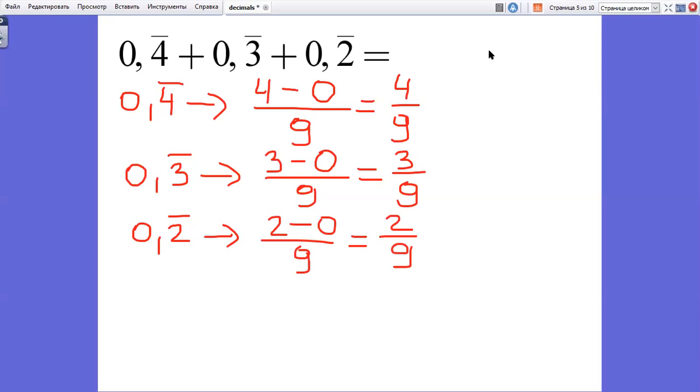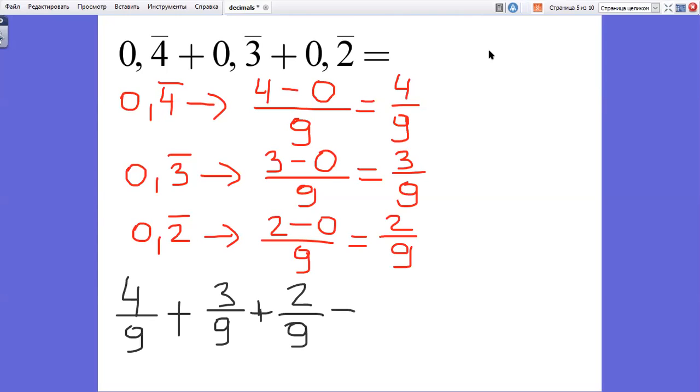After, you are going to add these fractions. You have 4 over 9 plus 3 over 9 plus 2 over 9. Here you have equal denominators, which you can write here as well.